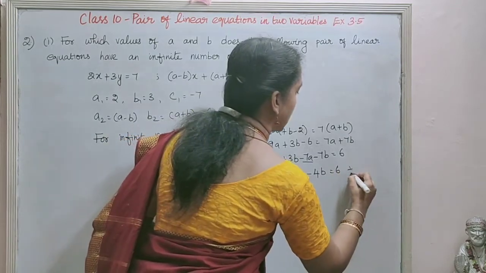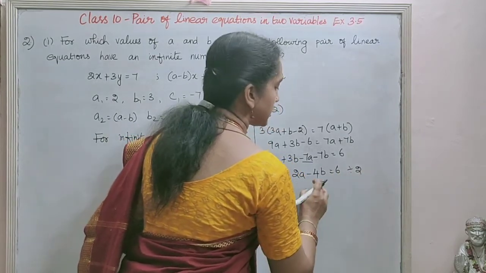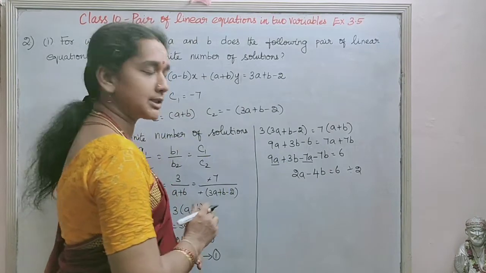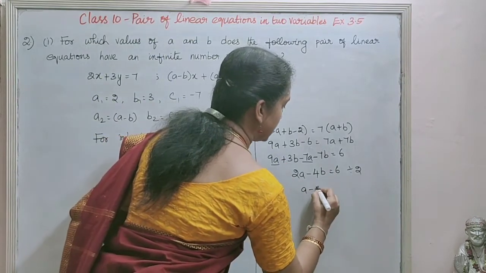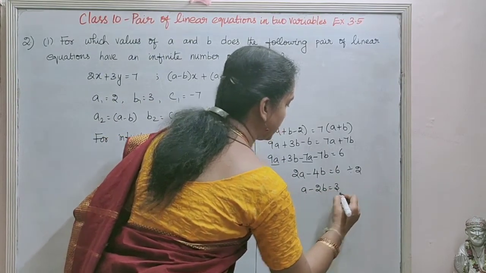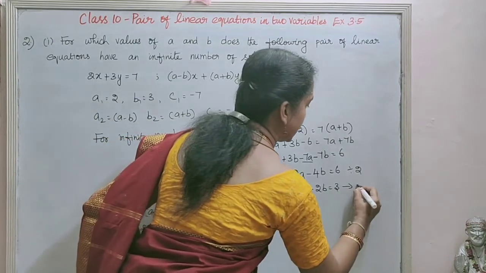I am dividing the whole thing by 2 since all the terms are multiples of 2. So a minus 2b is equal to 3. So this is the second equation.